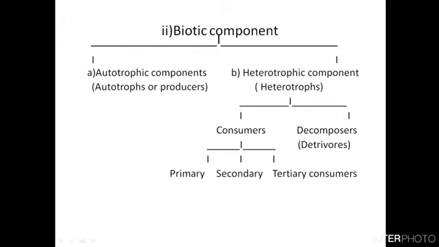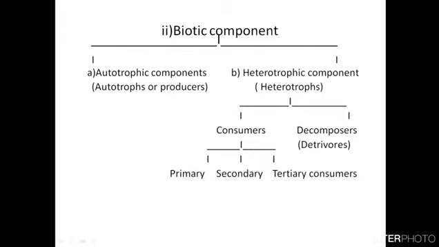The autotrophic components include the autotrophs or the producers, the organisms which can produce their own food. For example, plants produce their own food, so they are known as autotrophs, or producers. Whereas the heterotrophic component, or heterotrophs, are those organisms which depend on the producers.